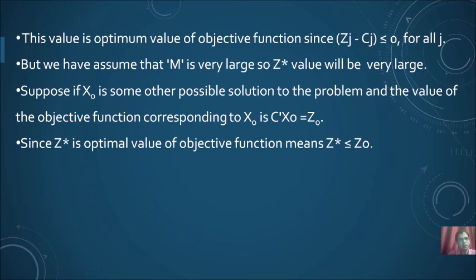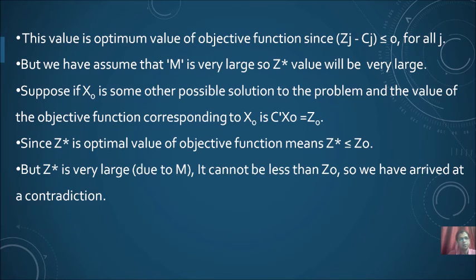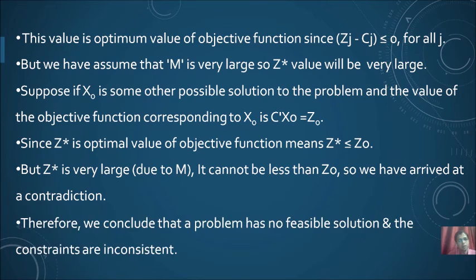Since z star is the optimum value of the objective function, naturally z star will be less than or equal to z0. But we have assumed that M is a very big quantity, and the sign of any equation will be decided by M, that means z star is very large, it cannot be less than z0, so we have arrived at a contradiction. In other words, we can say that the problem has no feasible solution and the constraints are inconsistent.